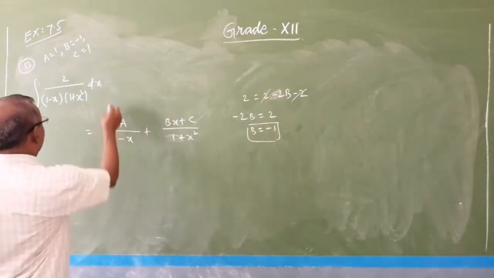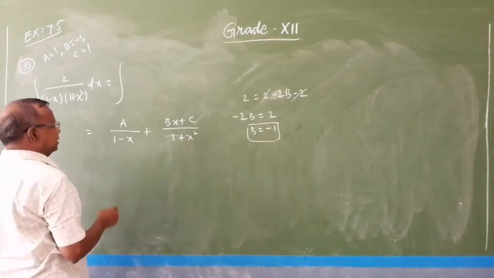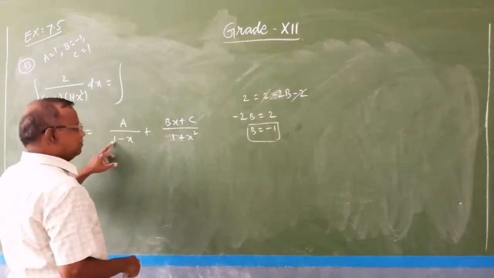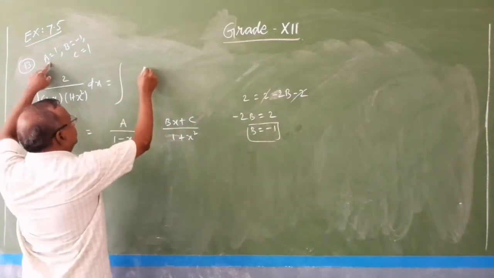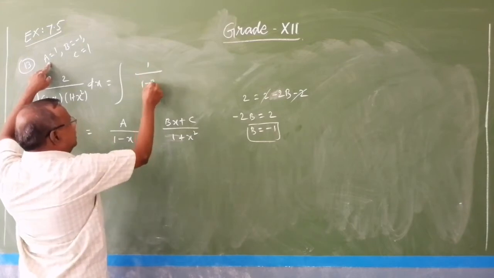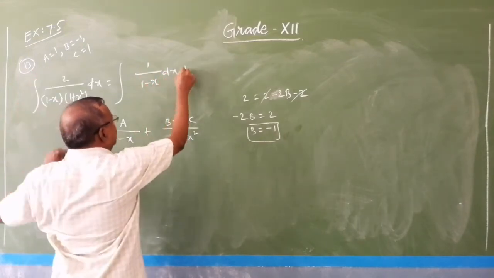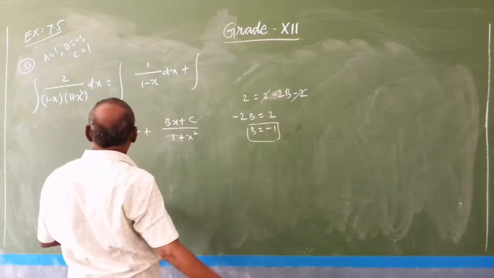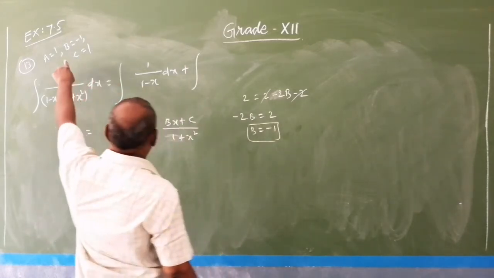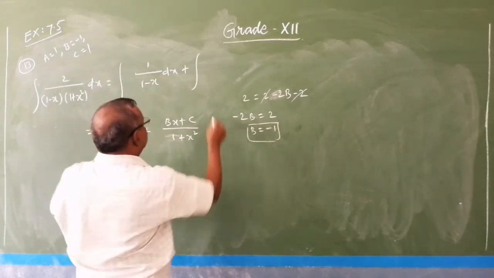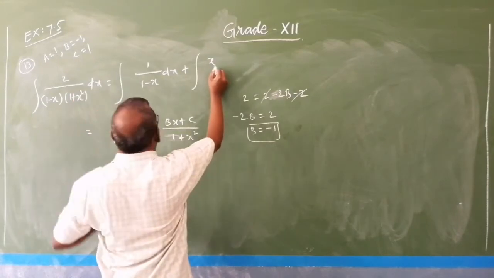Therefore, I equal to integral A by (1 minus x), with A equal to 1, integral 1 by (1 minus x) dx, plus integral (Bx plus C), B equal to minus 1, so minus 1 into x plus C equal to 1.